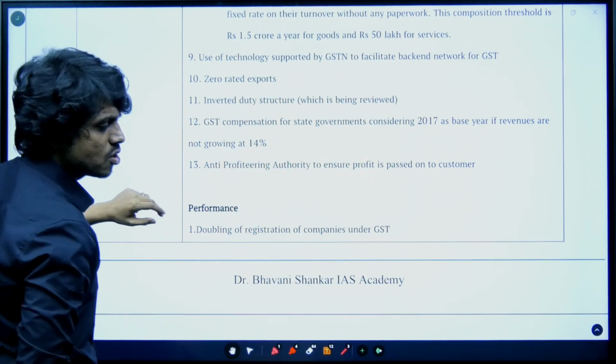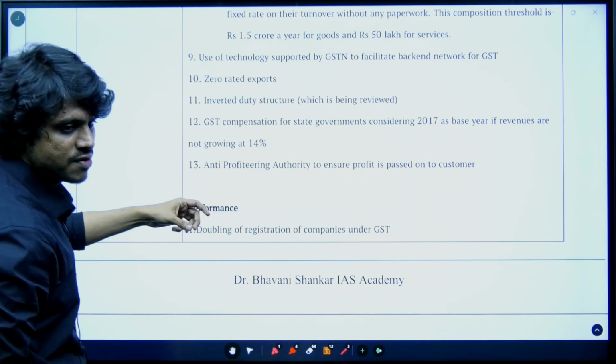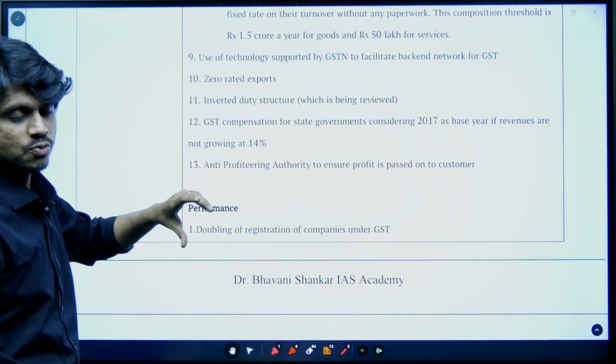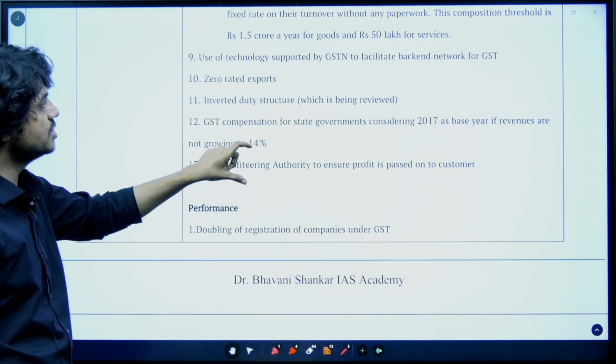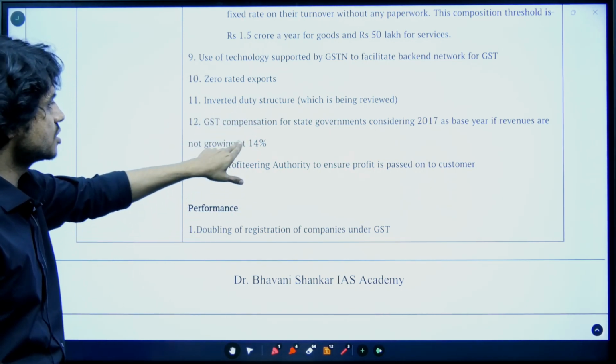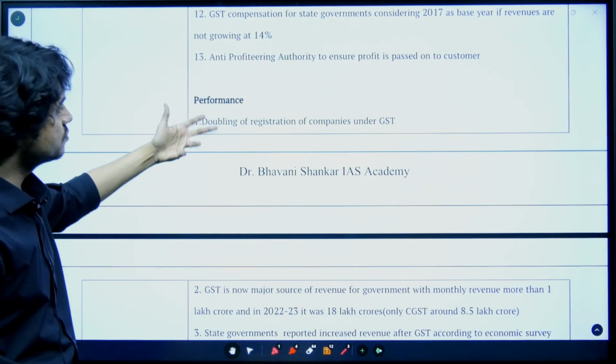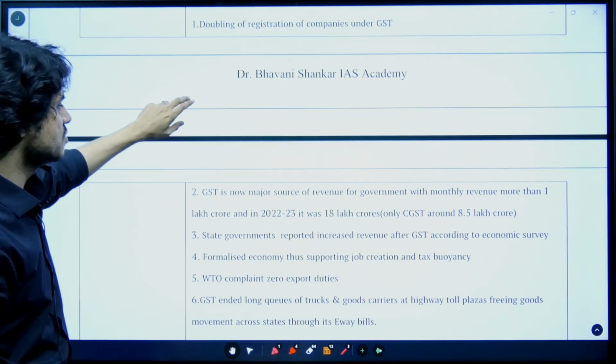Exports are not taxed. Okay, whatever rates we have seen, 5%, 10%, it is kept at 0%. We should not say it is not taxed; we should say it is zero rated. Inverted duty structure, GST compensation, anti-profiteering authority, all these things we have seen already, right? We have understood them through conceptual understanding.